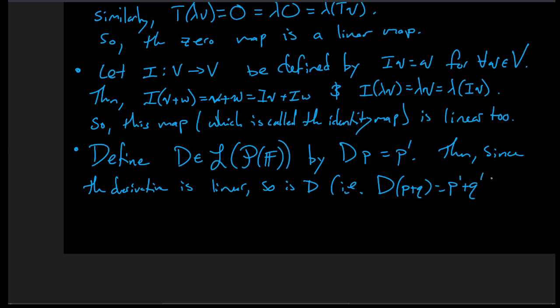There we go. And D of lambda p is lambda p prime, which is lambda Dp. Okay, cool. So indeed, this part where I said that it's a linear map on the space of polynomials is indeed well justified by the linearity of the derivative.